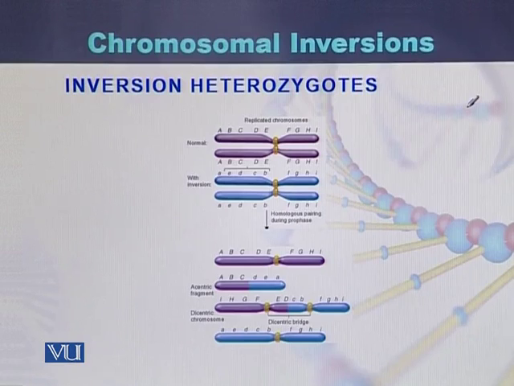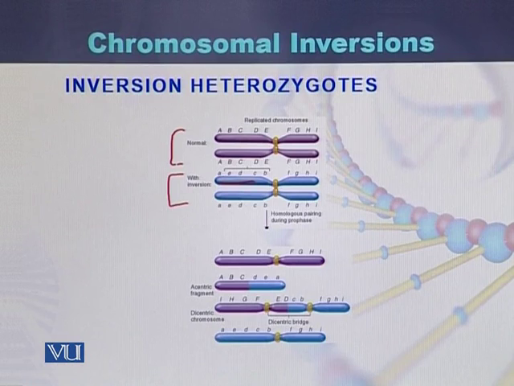In the upper diagram, we can see that this is a normal chromosome, but in this case, the fragment of the DNA has been inversed. So here the sequence has become A, E, D, C and B. Originally it should be A, B, C, D and E. So this is inversion in one of the strands of the chromosome while the second strand is normal.